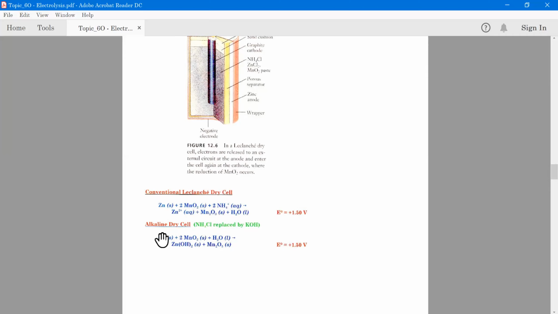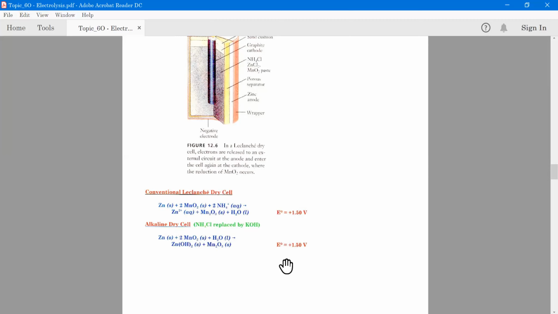And so the zinc gets oxidized to zinc 2 in the form of this zinc hydroxide. Again, the MnO2, the manganese, gets reduced to manganese 3, forming this stuff. And so the overall cell, since it involves the same half reactions of zinc to zinc 2 and manganese dioxide to Mn2O3, yields the same cell potential.